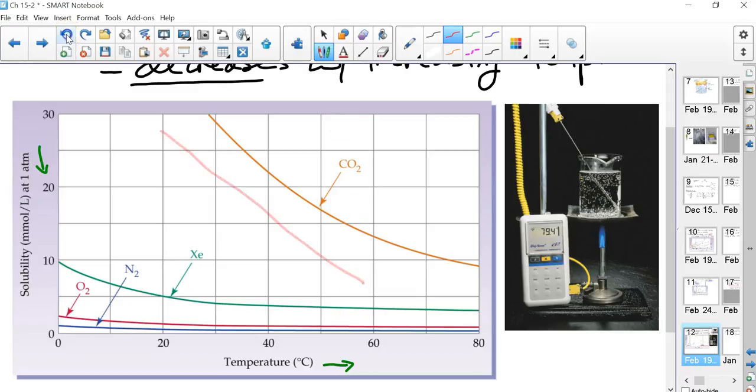And you guys have actually seen applications of this before. When you boil water, notice this is not boiling yet. It's not at 100 degrees C. There will be some bubbles that form on the inside of a flask before it's boiling. That's because the temperature is increasing, so the gas becomes less and less soluble with increasing temperature. So these bubbles start to form as gases come out of solution.